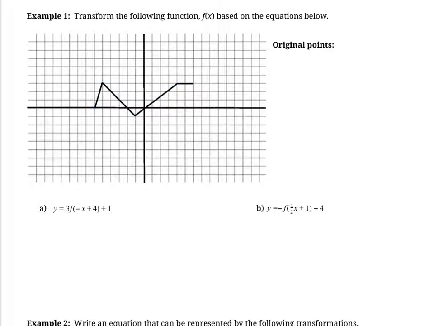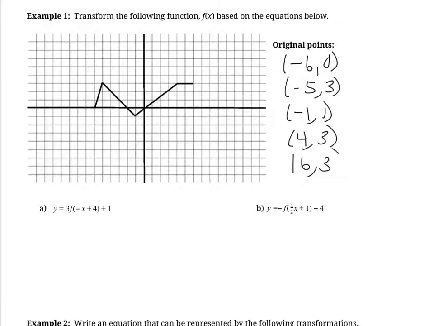So listing from left to right, our major points are (-6, 0), (-5, 3), (-1, 1), (4, 3), and (6, 3). And again, these aren't the only points you can use, but these are the ones that are clearly marked. So we've got all of these vertices here. We've got 5 points, and these are the ones that we're going to transform.